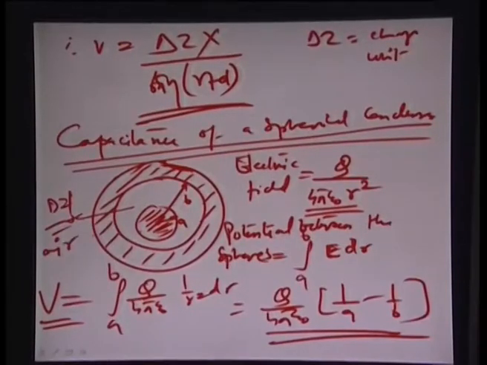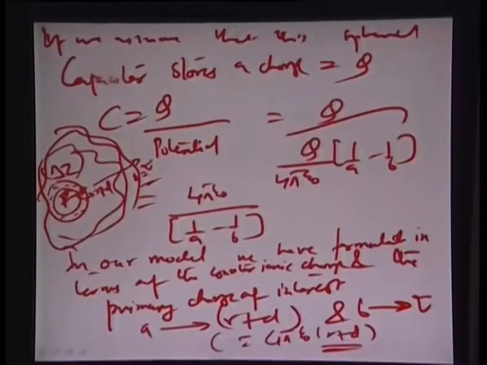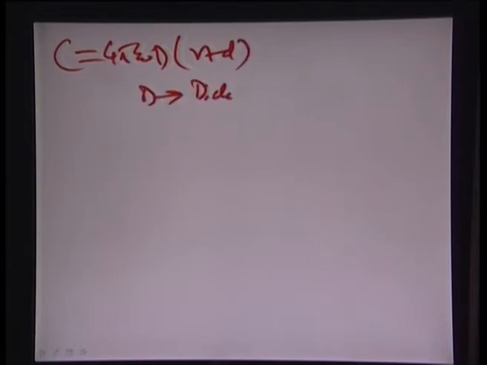But because we are talking about ions here, the dielectric constant would essentially be that of water, which is not unity. So there is some value D based on what medium we are using, and therefore in our model the capacitance C can be written as 4 pi epsilon naught D times R plus D, where D is the dielectric constant of the medium.